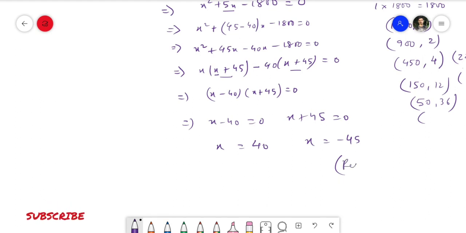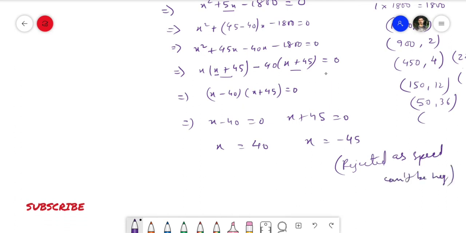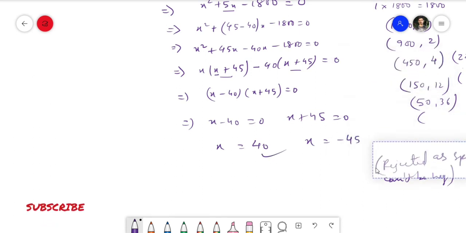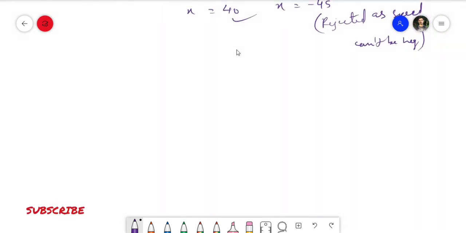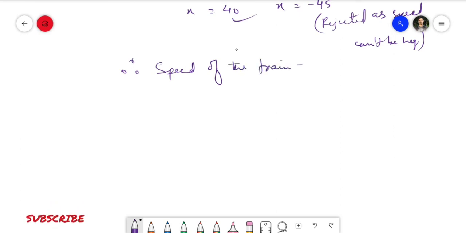Rejected, as speed can't be negative. Okay, so we'll have this one only. This one will be our answer. So we'll just write: therefore, speed of the train is equal to 40 km per hour.